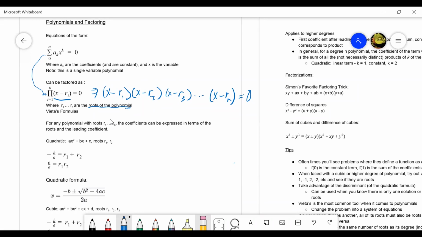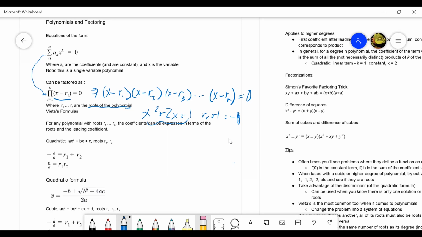So, for example, if your polynomial is x squared plus 2x plus 1, then your root is just going to be equal to -1, because this expression is equal to 0 when x equals -1. And it also happens that -1 is the only value of x that makes it equal to 0.